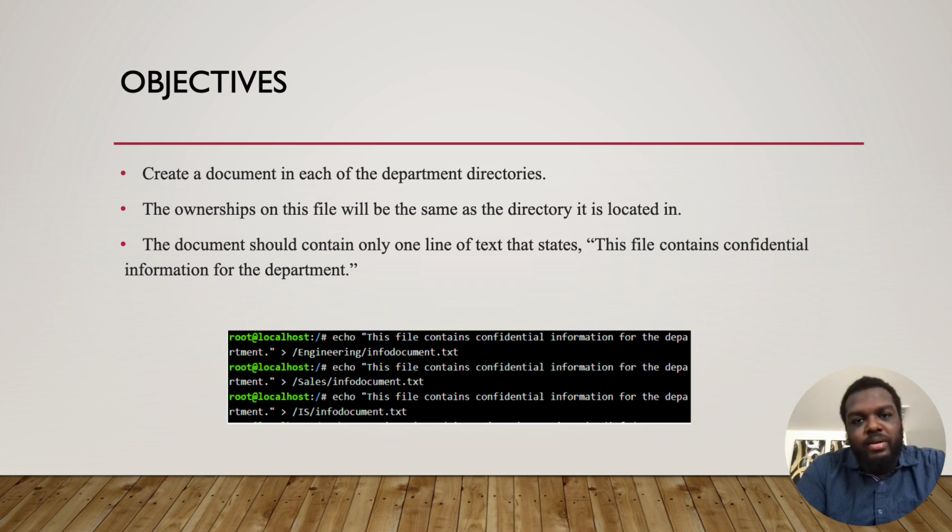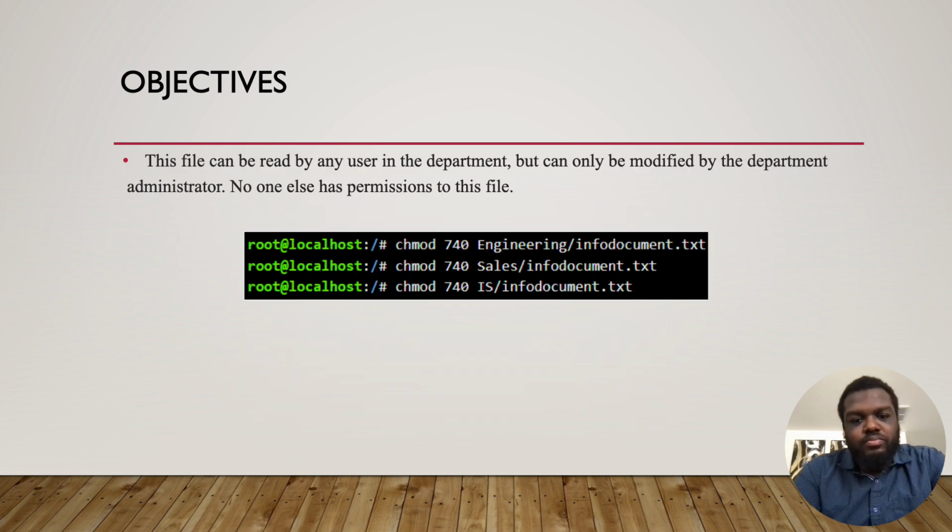Okay, this is where the file was made for each group or each folder, and I made sure that it said this file contains confidential information for the department. I made sure that it was actually each one instead of just one, as it would say in the objectives.